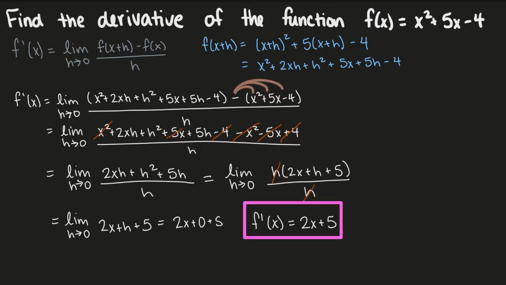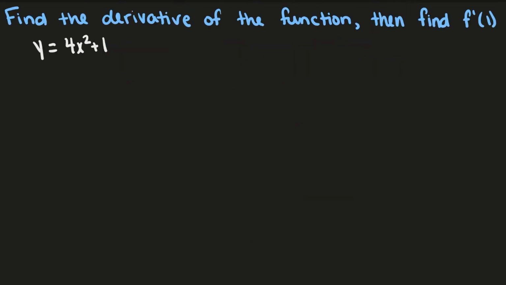Using the limit of our difference quotient, we're able to find the derivative of any function. Let's take some examples, starting with this function. Here we need to find the derivative of our function, y equals 4x squared plus 1. Then we need to find the value of that derivative at 1, or f prime at 1.